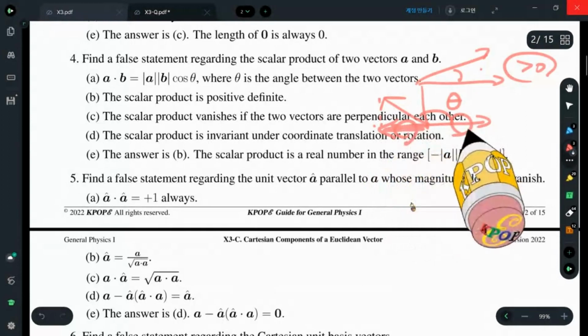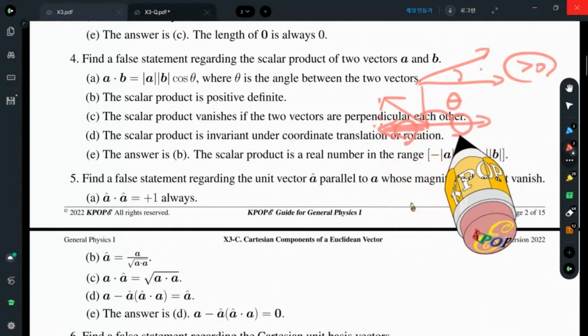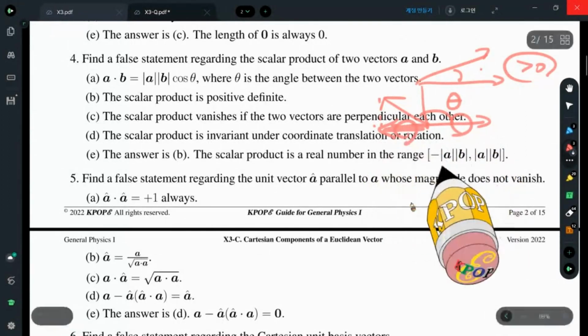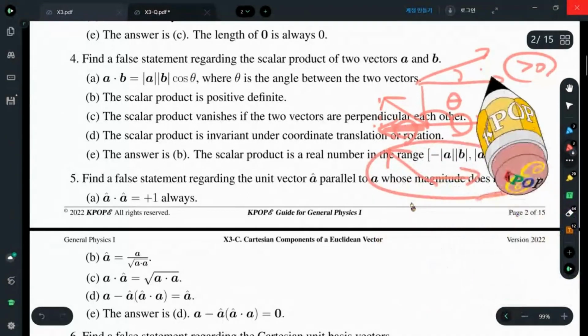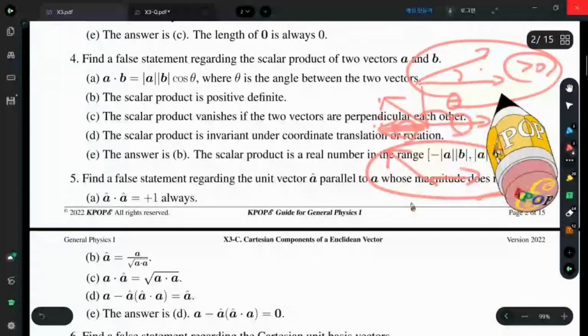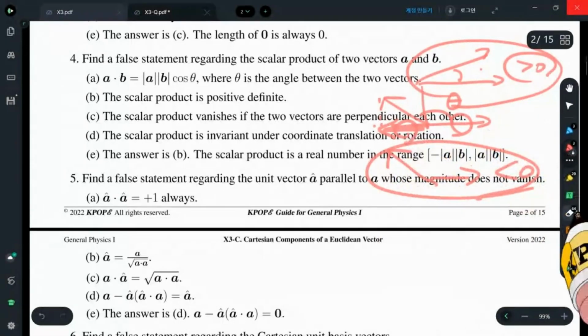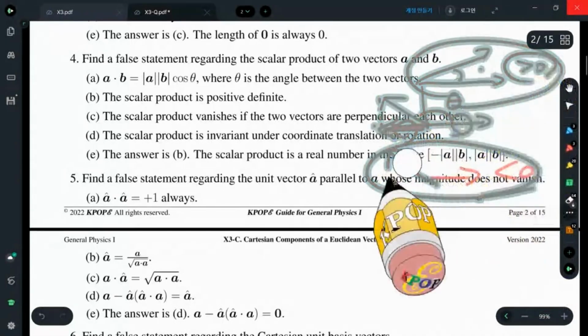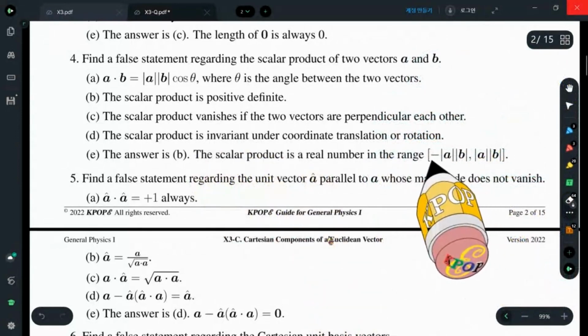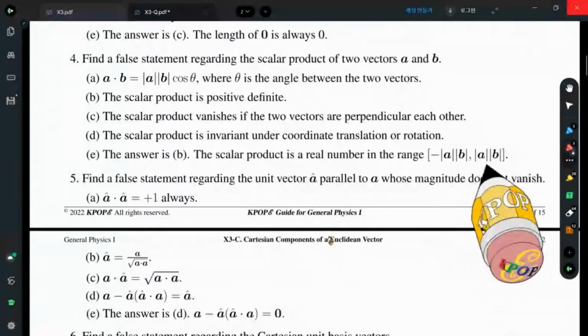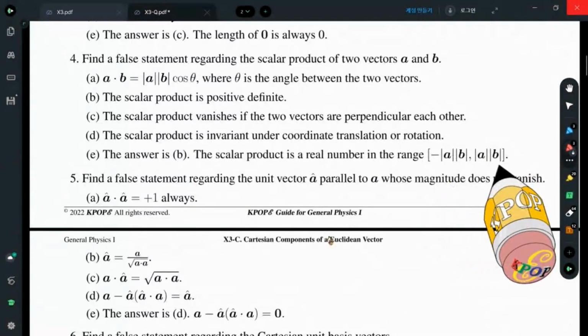So in that case, this scalar product becomes negative. This one is positive. It is in the range minus A times B, and the maximum value is A times B.